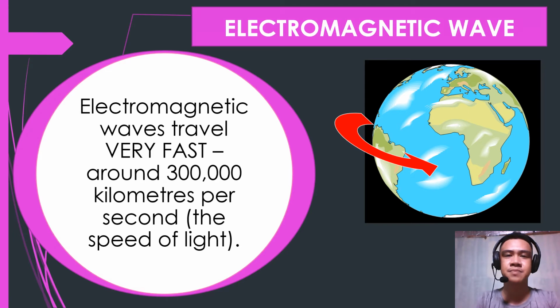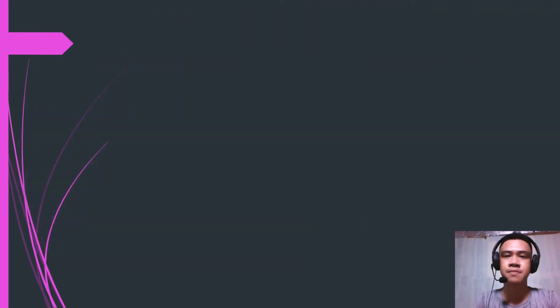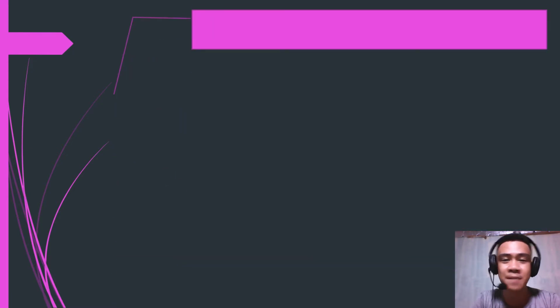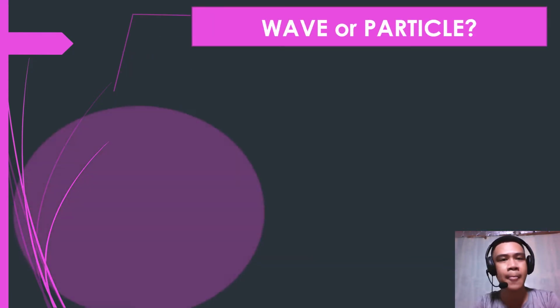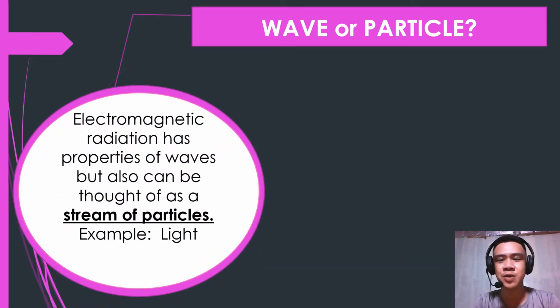Next. So, is electromagnetic radiation a wave or a particle? Electromagnetic radiation has properties of waves, but also can be thought of as a stream of particles. For example, light.